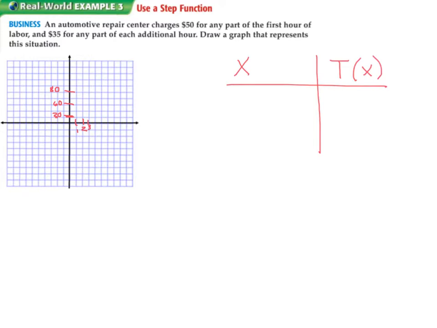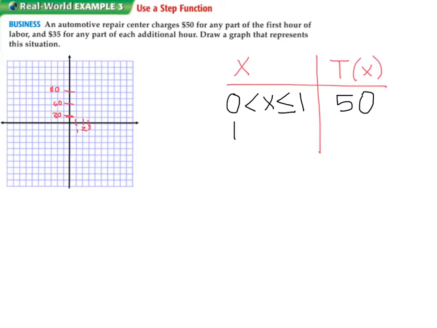So we know for the first hour, between 0 and 1 hour, so if x is in between these, up to 1 hour, they're going to charge us $50. And then we have to think about each additional hour and what that means.